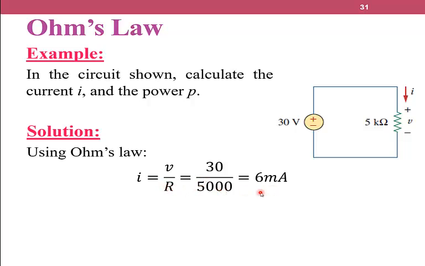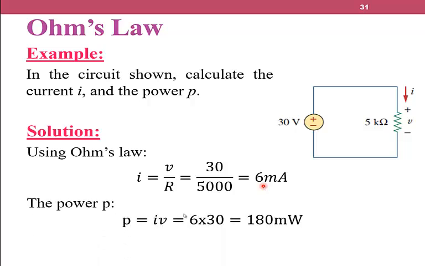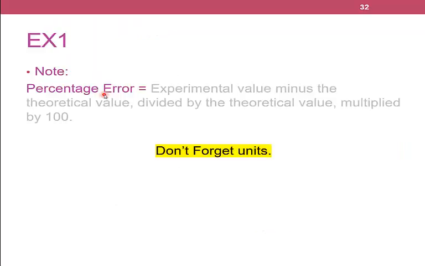The resultant current will be 6 milliampere. For the power, I multiplied by V, so 6 milliampere multiplied by 30 volt gives us 180 milliwatt. For the first experiment, you are going to implement it and measure the values.